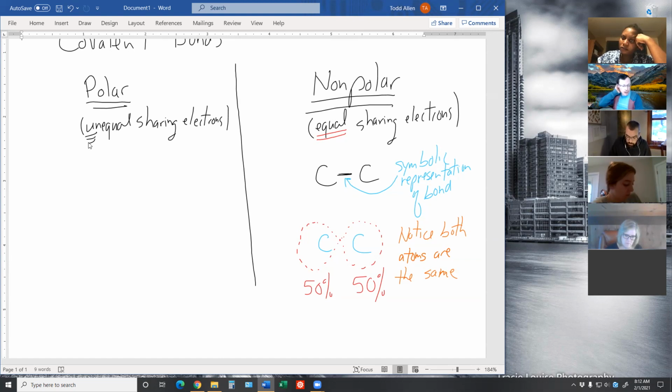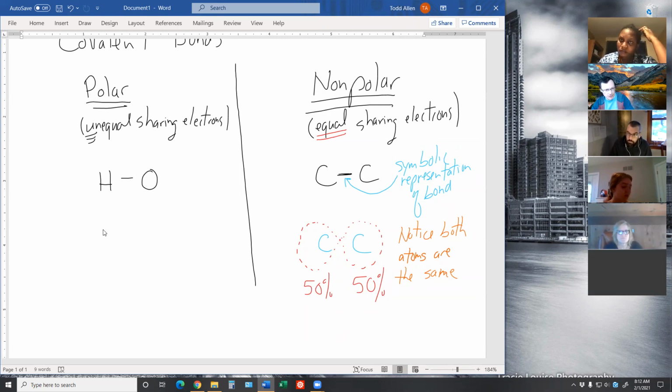And so in this scenario, the example that I could give you would be a hydrogen-oxygen bond. That's a pretty good example of a polar covalent bond. The H-O bond that I've drawn to you is a typical representation.